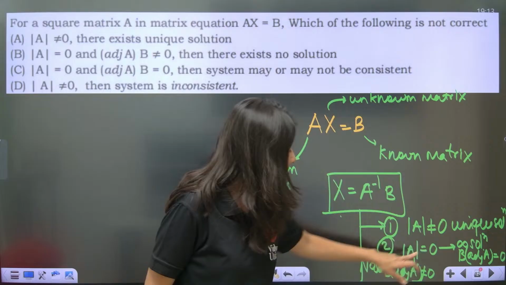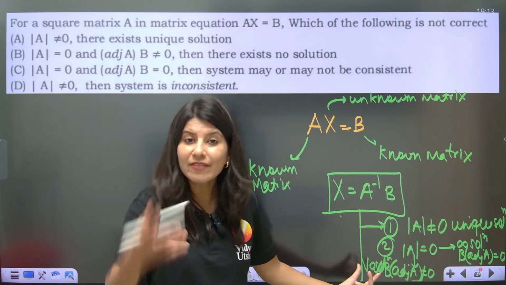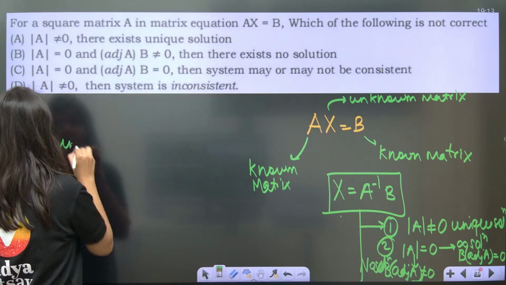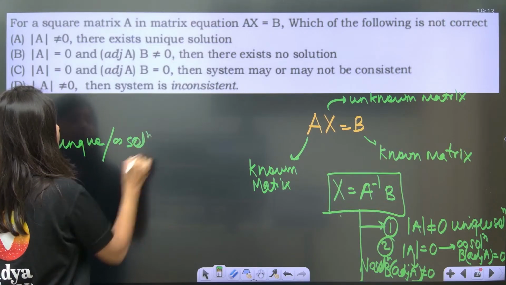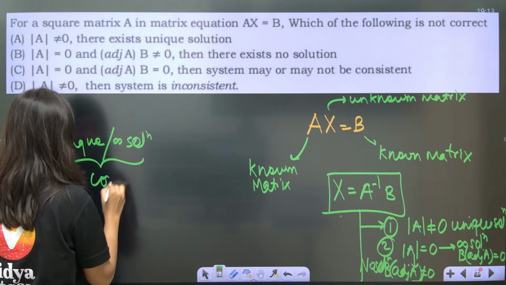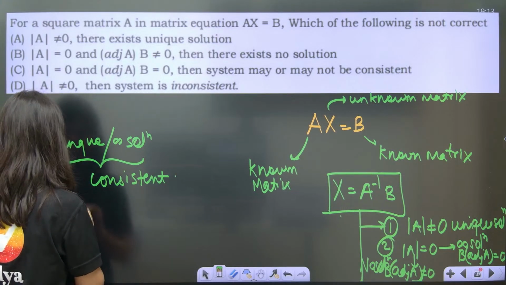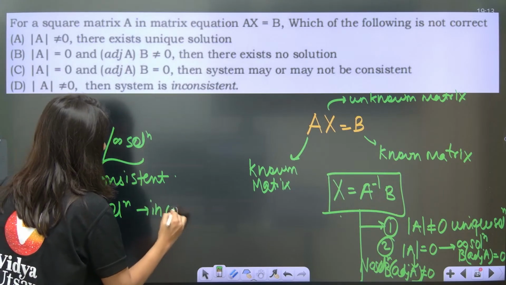If determinant A is 0 but B adjoint A is non-zero, then it has no solution. Now understand that unique solution or infinite solution can be categorized as consistent, the system is consistent. But no solution only means inconsistency.